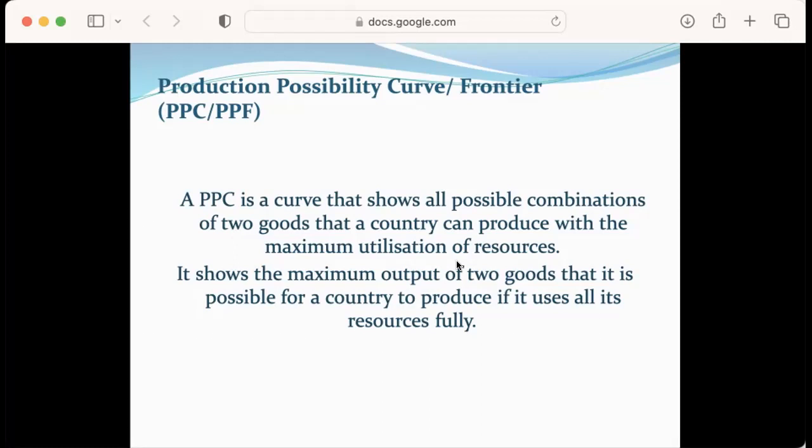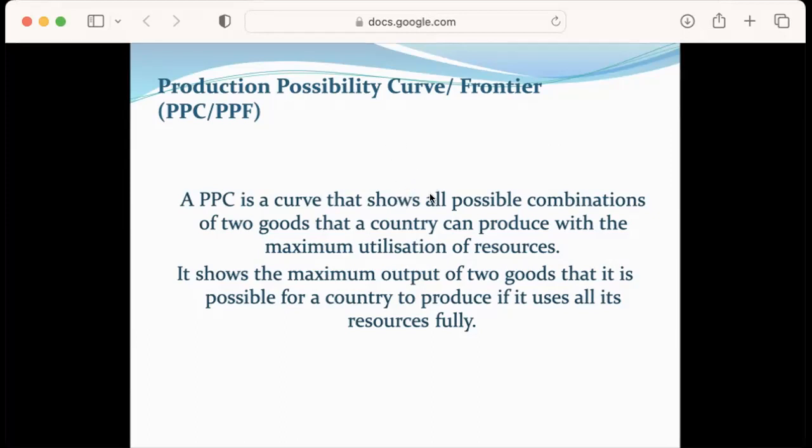The given amount of working population is another resource. The amount of capital, like buildings, equipment, money, and all that. With all of these resources currently in that country, what is the maximum output they can produce? What's the maximum output which is possible to produce? That's what is meant by the production possibility curve.